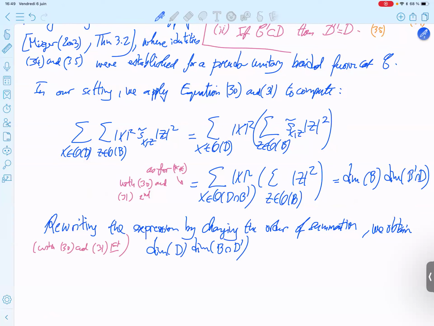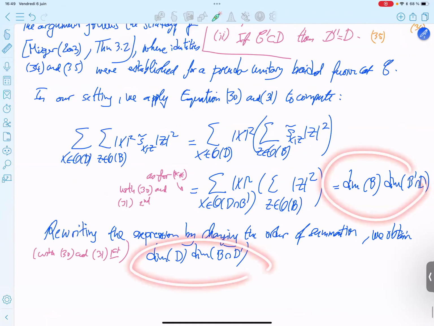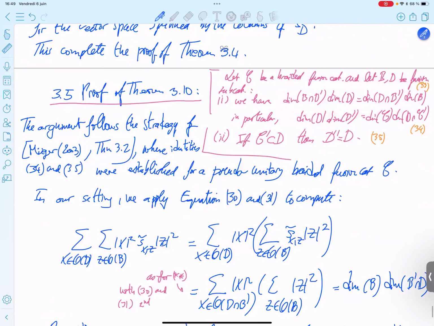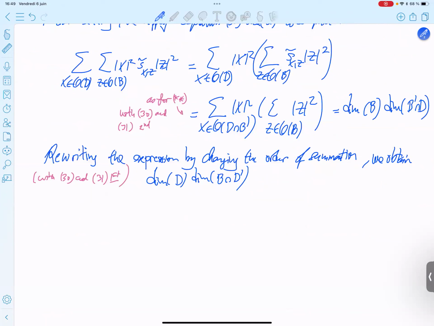So we get this equal to this, which is exactly what we want to show here. Okay, so thus proving identity 30.